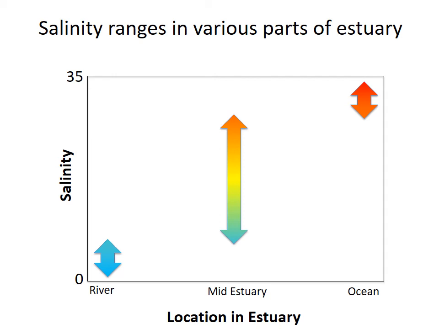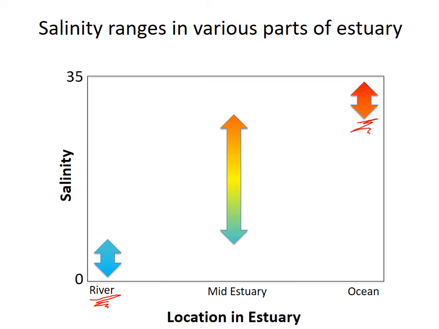So if you are in the head of the estuary, which is where the river first comes into the estuary, it's mostly fresh most of the time. Whereas if you're near the ocean at the mouth of the estuary, it's so heavily influenced by ocean water that it's mostly salty most of the time.